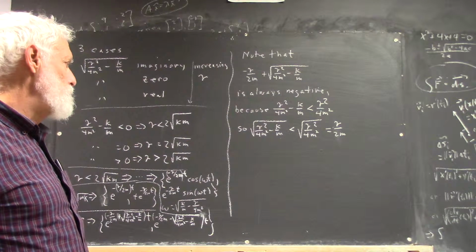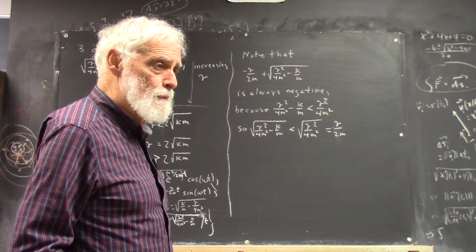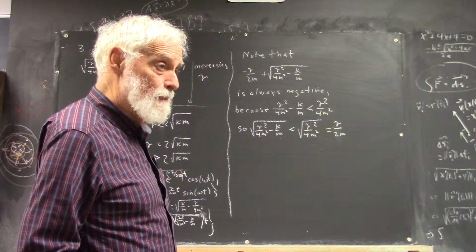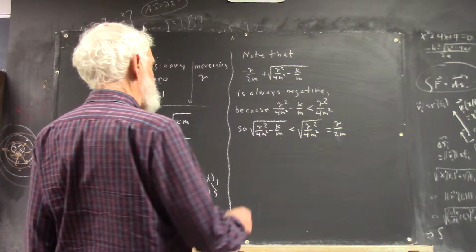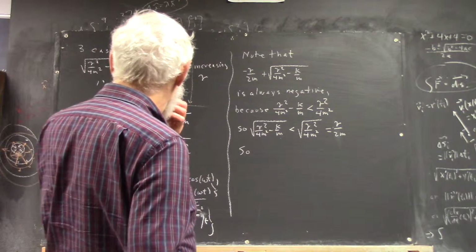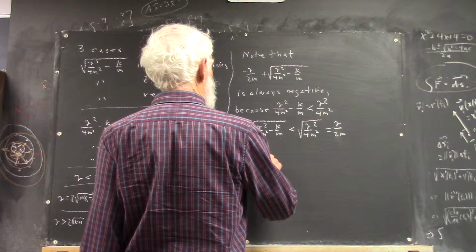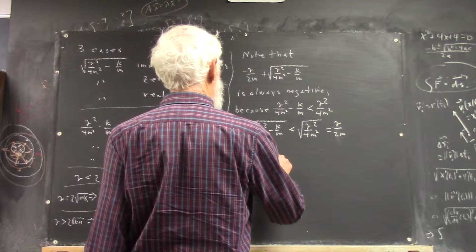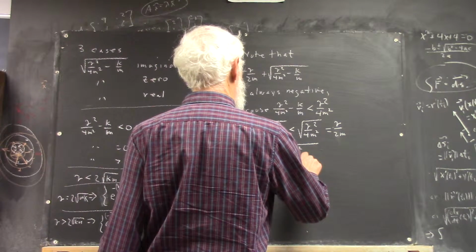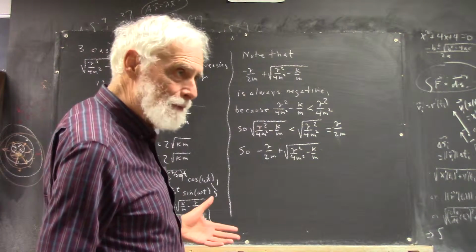So why does this show that this is always negative? It just does. You can take out the middle inequality. Well, just algebraically, we get an airtight argument if we do this.